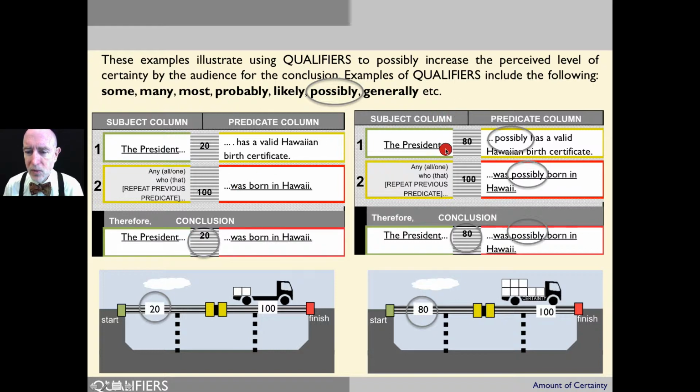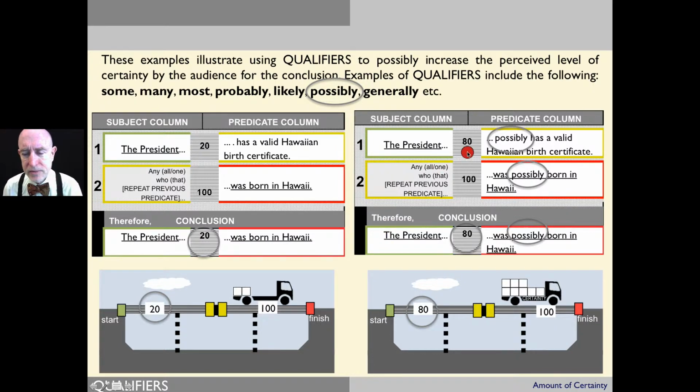Now, here we've taken the same two premises and we've added the word possibly. So the first one is, the president possibly had a valid Hawaiian birth certificate. Premise two, anyone who possibly had a valid Hawaiian birth certificate was possibly born in Hawaii, which leads to the conclusion the president was possibly born in Hawaii.